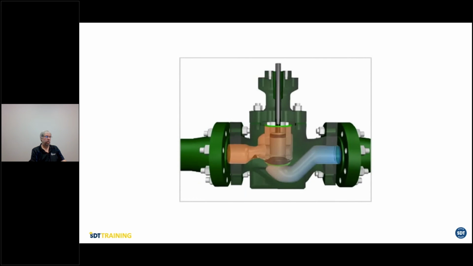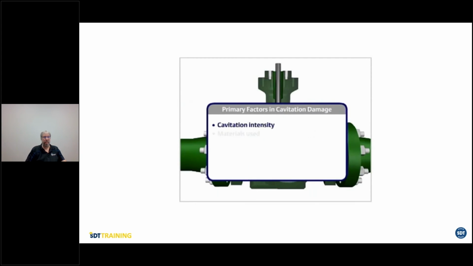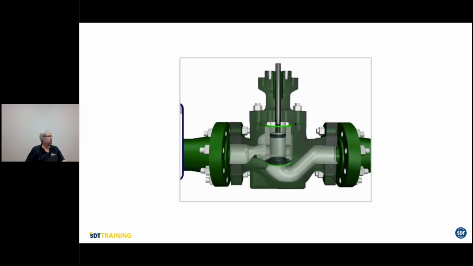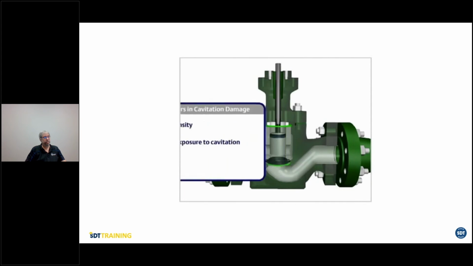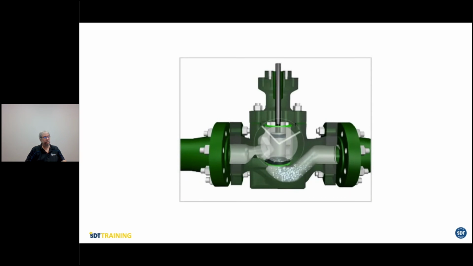Greater drops in pressure increase the potential for damage. The materials used in the construction of the area where the cavitation occurs. Hardened materials reduce damage. The length of exposure to cavitation. The more frequently that cavitation occurs in an area, the more likely it is to sustain damage.